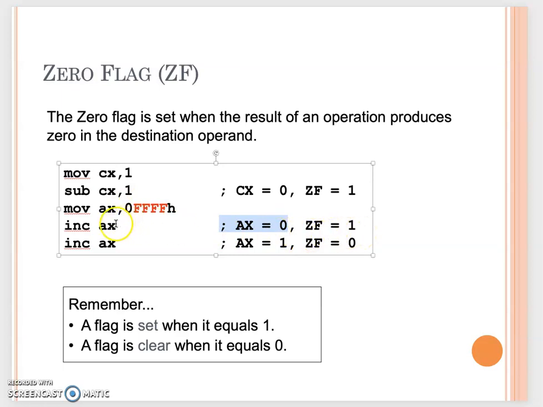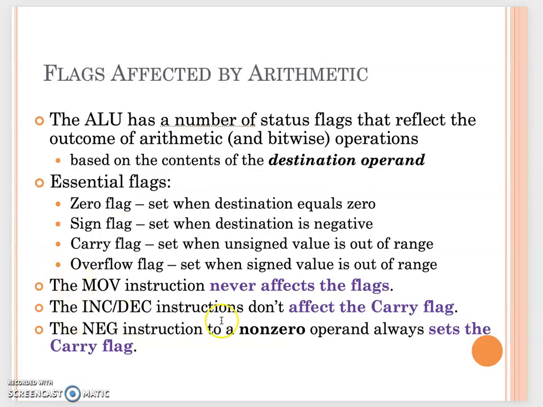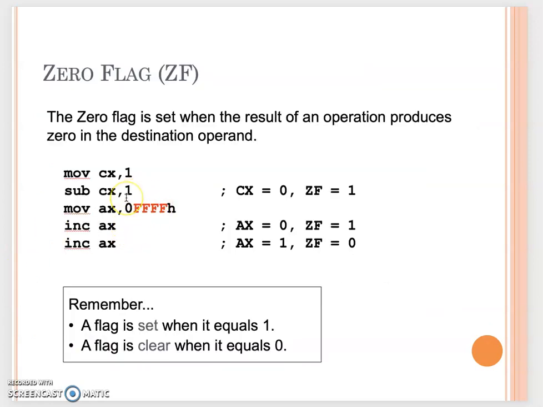And also you can see, even though earlier we said it carries over 1, increment and decrement don't affect the carry flag. So even if you feel like it carried over 1, it doesn't do that.